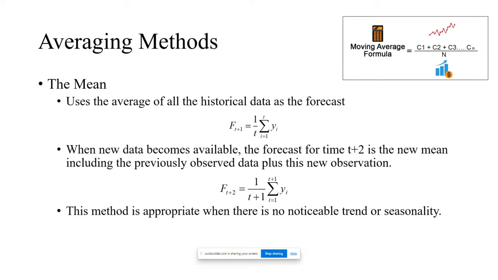So you can see on the formula there, it's just a simple mean calculation, but now it's for forecasts 2 periods in the future. The mean is appropriate when there is no noticeable trend or seasonality in the data.